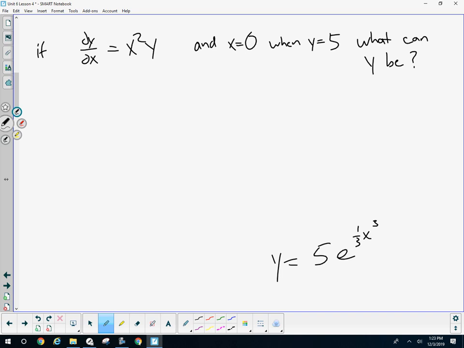Don't forget your plus C's. It's probably the most common mistake made, is not remembering a plus C or just taking the antiderivative incorrectly.